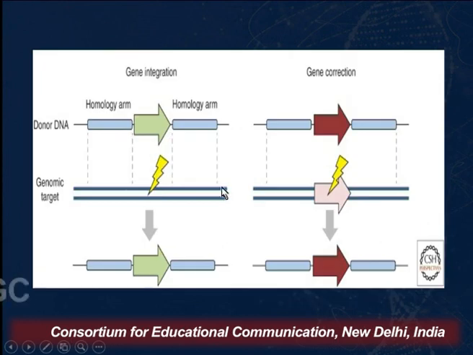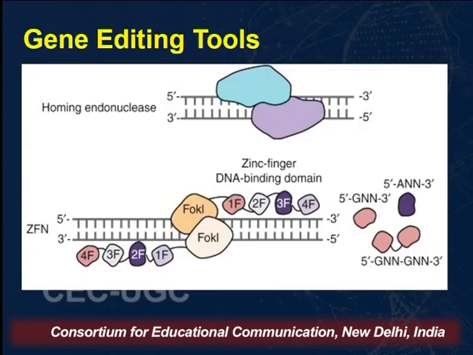Then there can also be certain kinds of gene additions, or gene deletions, or gene mutations, or gene reversions, mutation reversions. All these are the outcomes of the genome editing that we intend to create in a particular cell of interest, for example in therapeutic cases, or as I said, in industrial production cases, etc.